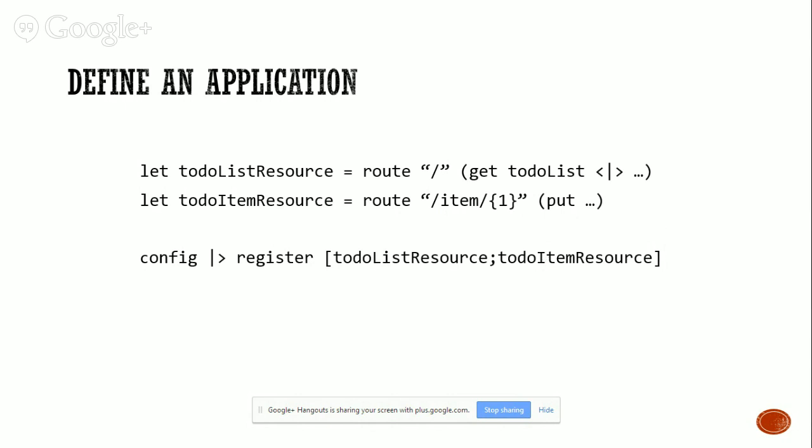So in this case, we've got the to-do list resource, and then a to-do item, which would be like /item/1 or a placeholder, whatever the ID might be. And this would take a get or a put or whatever else.